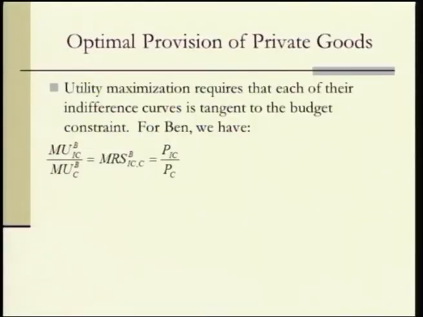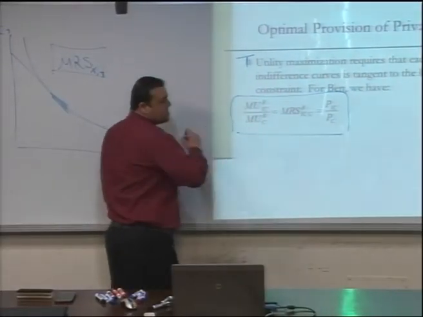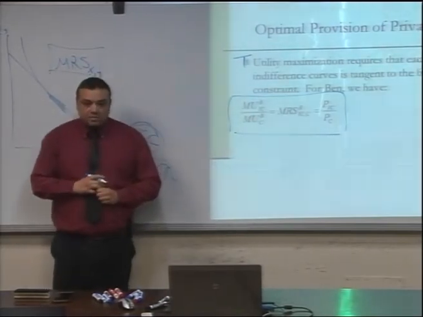Here we have the assumptions. For Ben to achieve the equilibrium, we have the following condition. It's called the first order condition.